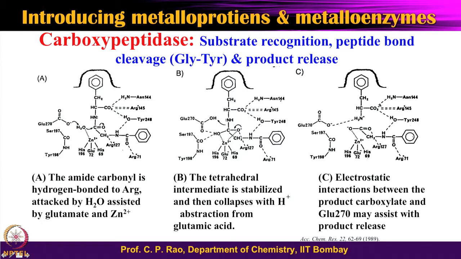Therefore, this connected thing can be taken out by adding water. So that will take out the carboxylic part and the amino part as 2 products. So you can see the steps: the recognition, the nucleophilic attack, and the actual cleavage, and the release. The release is by adding the water.